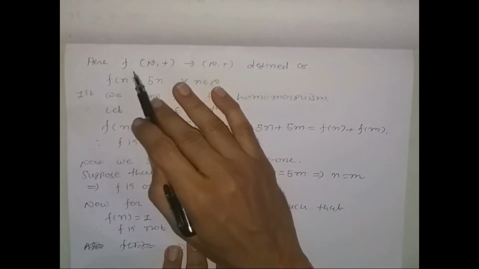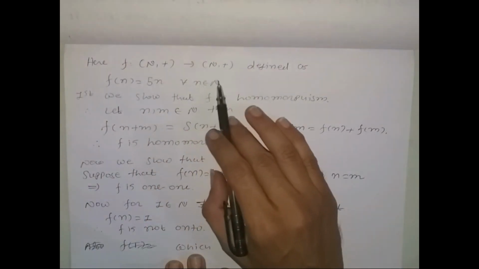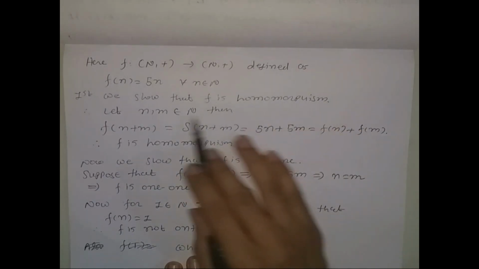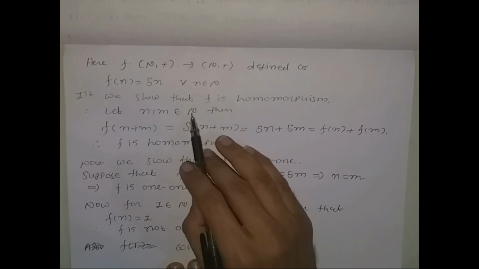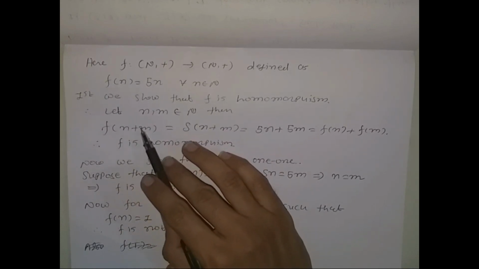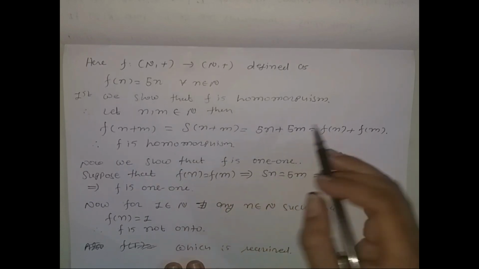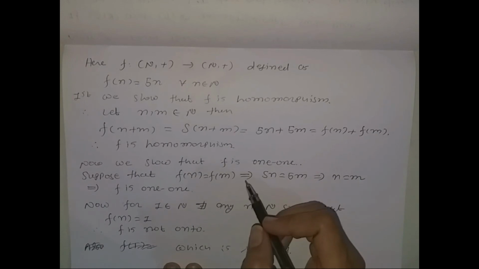Here f is from N to N, defined as f of n is equal to 5n for all n belongs to N. First we show that f is a homomorphism. For that we consider two natural numbers n, m belongs to N. f of n plus m is equal to 5 times n plus m, that is 5n plus 5m, which is equal to f of n plus f of m. These are simple steps.